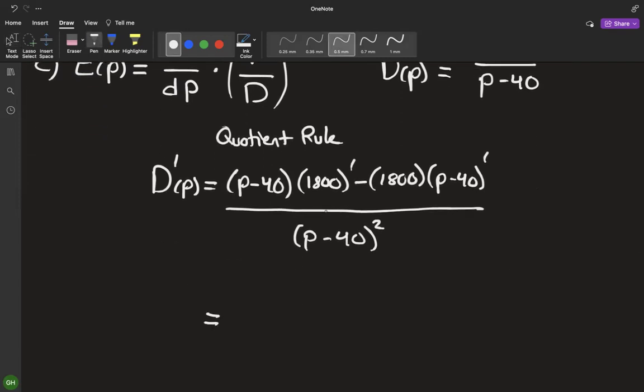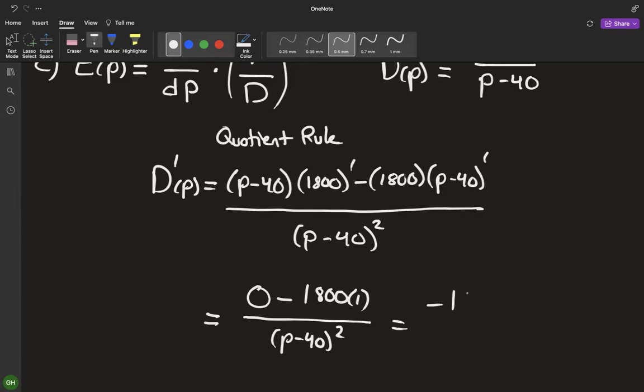And this is equal to, well, the derivative of 1800 is 0. So this is 0 minus 1800, and the derivative of P is just 1, over P minus 40 squared. So we get negative 1800 over P minus 40 squared for our derivative.